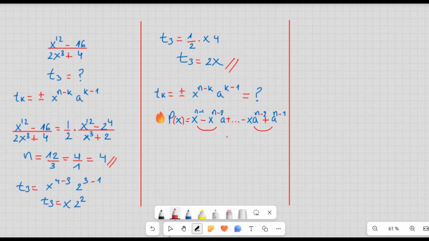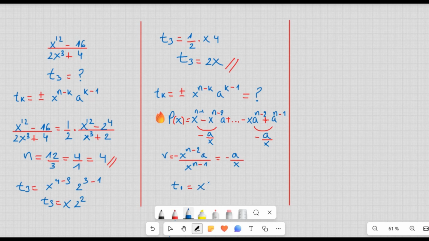We notice that these terms form a geometric progression where each term is multiplied by a constant ratio. We calculate that ratio dividing the second term by the first one, discovering that it is minus a over x.